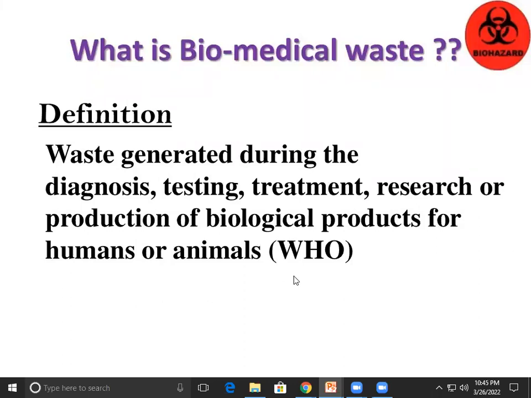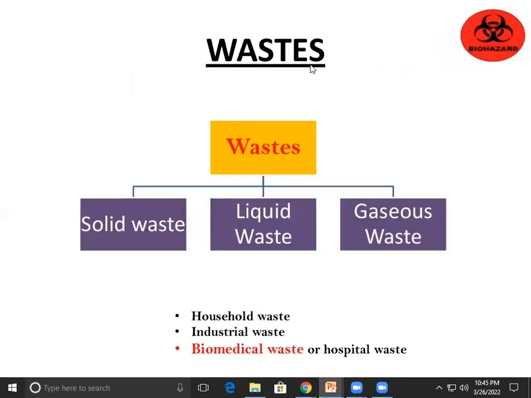The waste generated from all these activities for humans and animals is called biomedical waste.